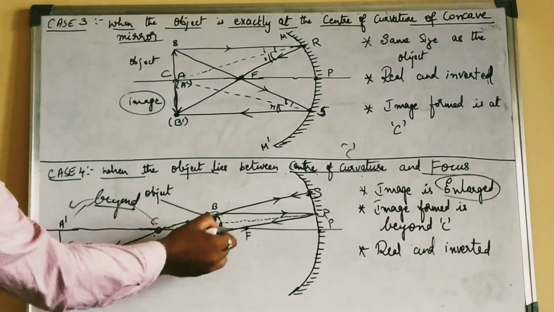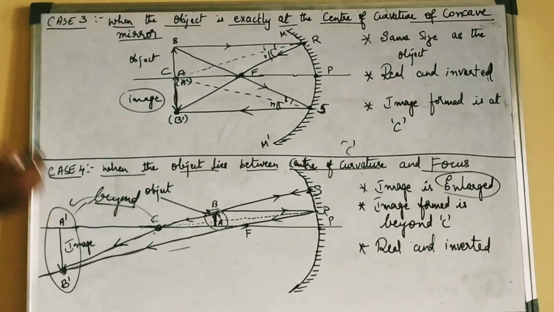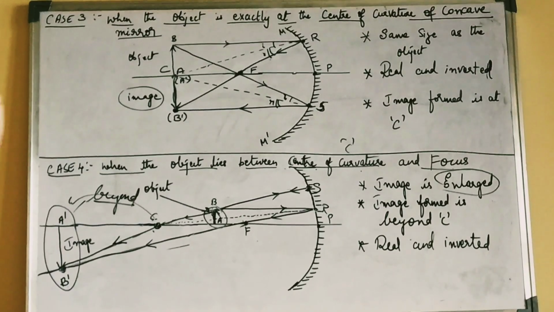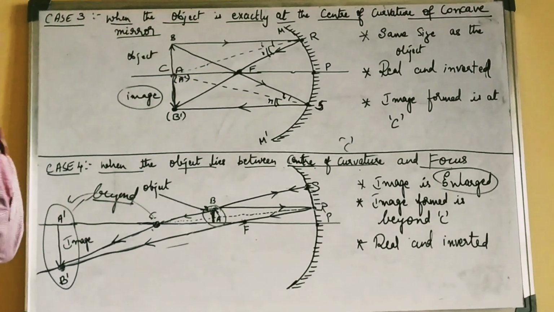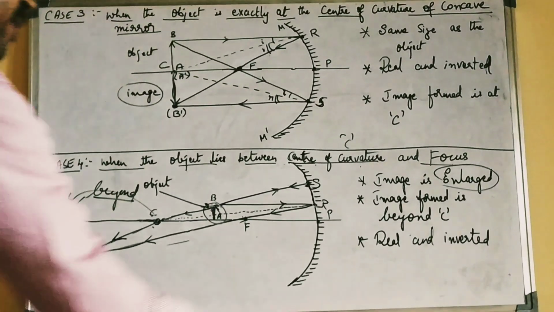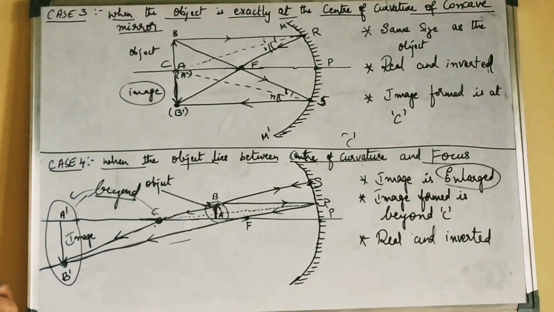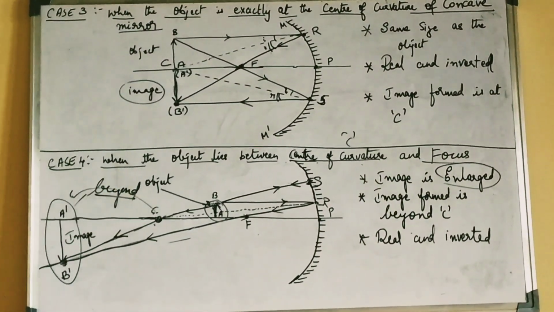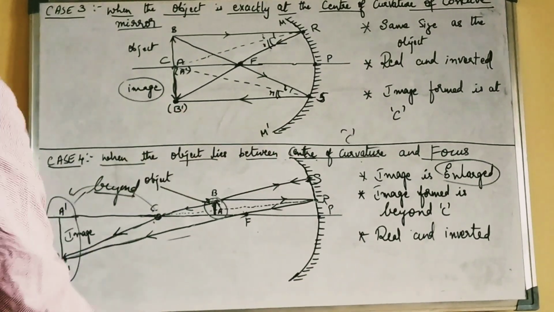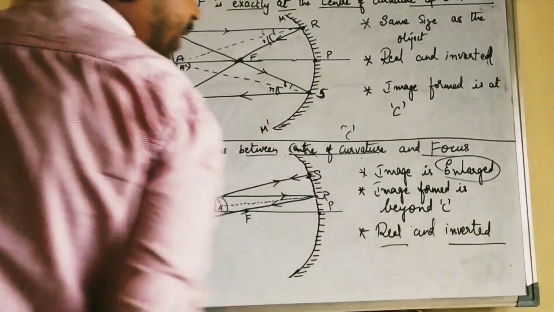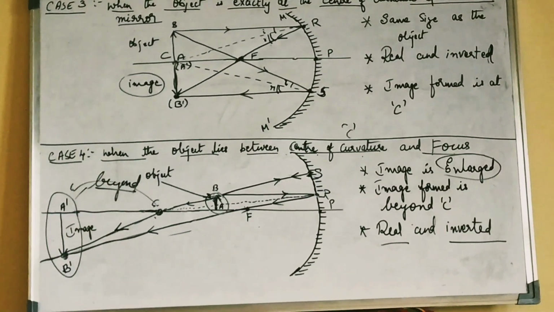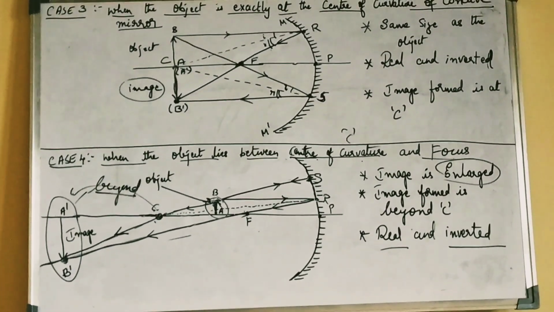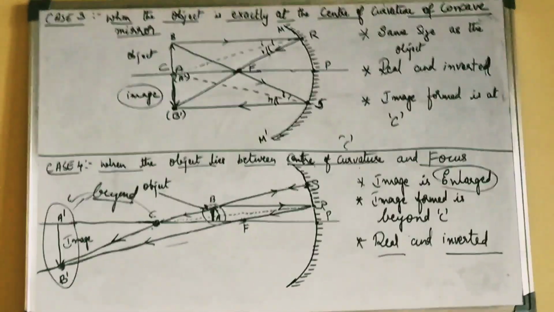Compared to the size of the object, the image is bigger. So it is opposite to that of case 2, remember, okay? So the image is enlarged, and the image is formed beyond the center of curvature. Of course, the image is real and inverted because it is a concave mirror. Hope you have understood. Thank you.